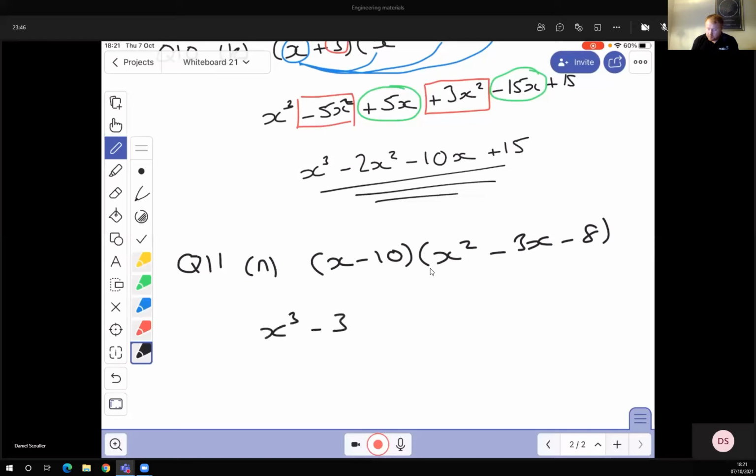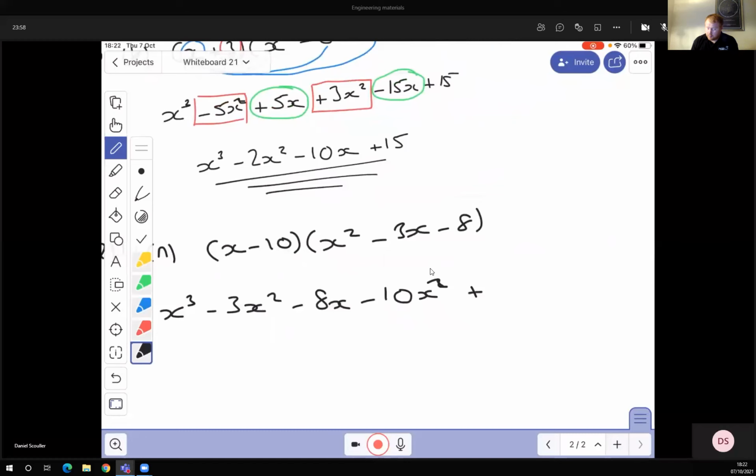X cubed minus 3x squared minus 8x minus 10x squared, that's a wee squared, sorry. Plus 30x, so watch those symbols. Minus 10 times minus 8 is plus 80.